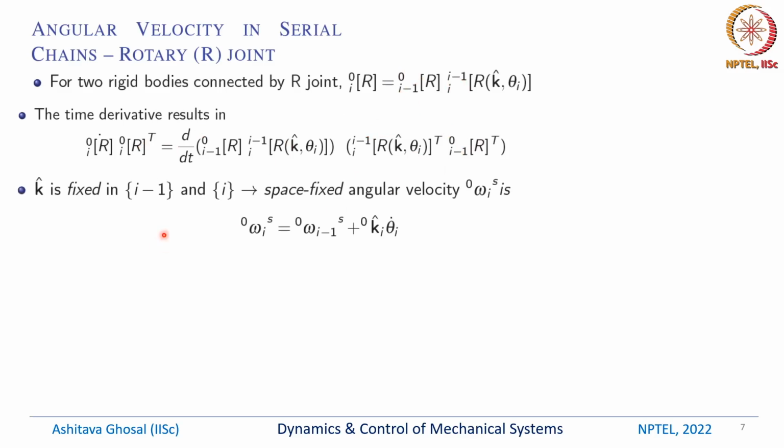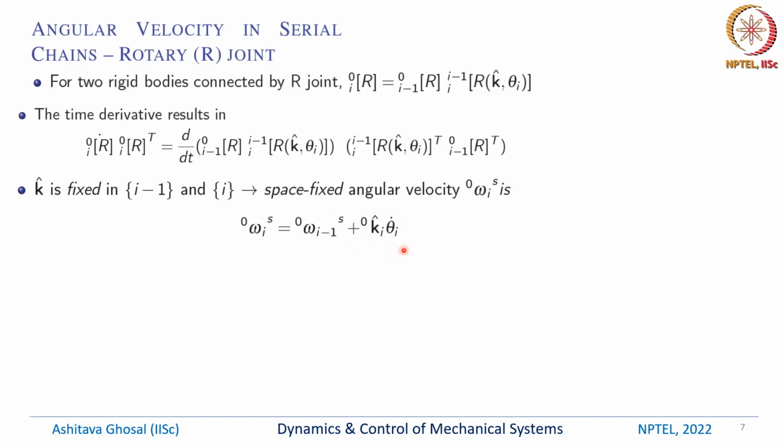Since k is fixed in i minus 1 and i, k is the common axis about which the second rigid body is rotating with respect to the first rigid body. So we can rewrite this equation as: the space fixed angular velocity of rigid body i is nothing but the space fixed angular velocity of rigid body i minus 1 plus theta dot along the k axis.